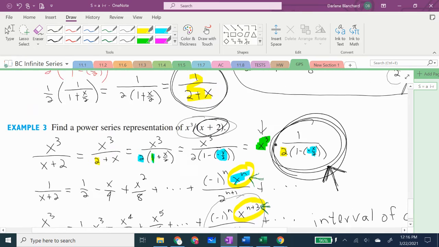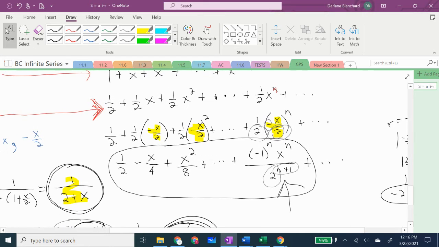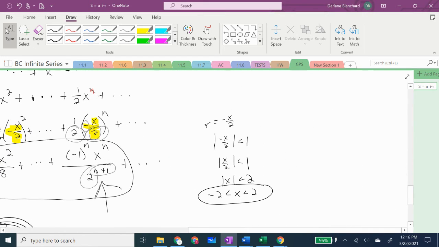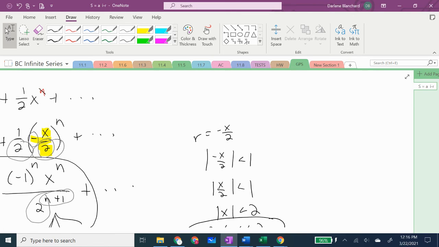Now, I do, however, need to go back and say that in example 2, when we were doing interval of convergence, what we plugged into x is the R, and I did not change it from being a pure geometric series.